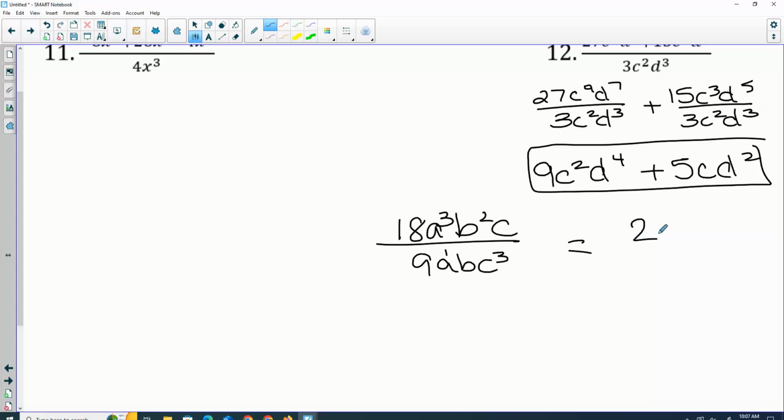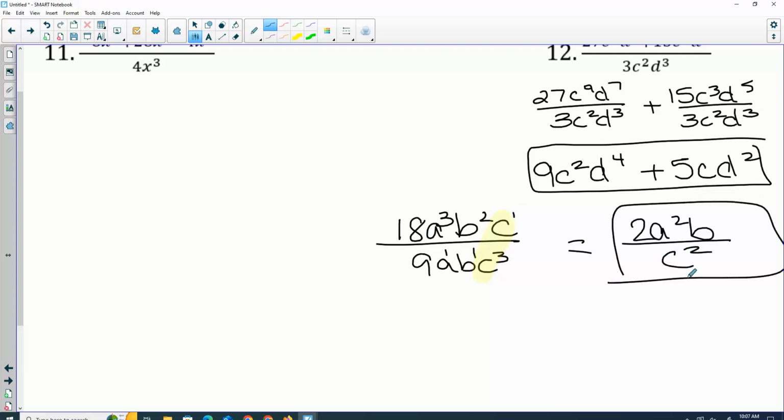So that would give us 2 b's on top, 1 on the bottom. When I look at my c's, do we have more on top or bottom? On the bottom. So remember, in that case, it ends on the bottom. 3 minus 1 is 2. So you can have a variable left on the bottom if there were more there to start with. You still subtract the exponents, just leave it on the bottom.